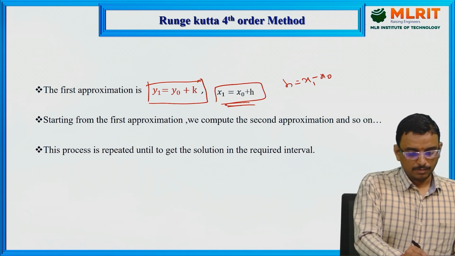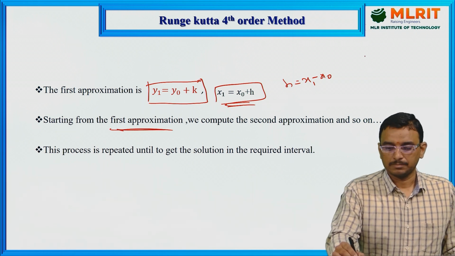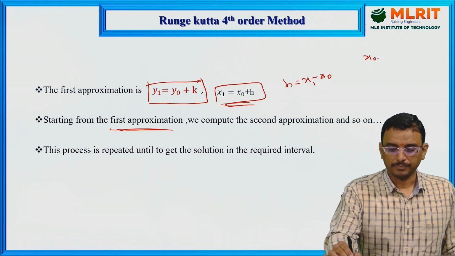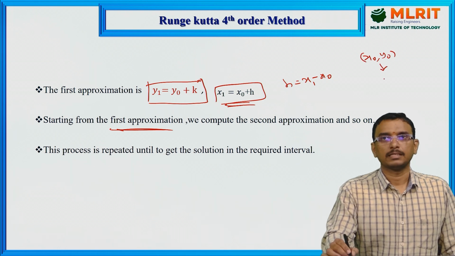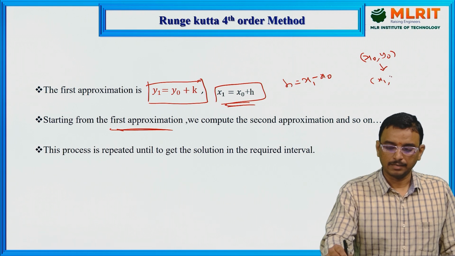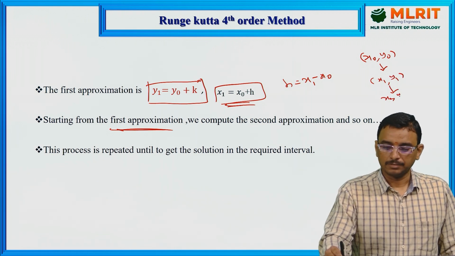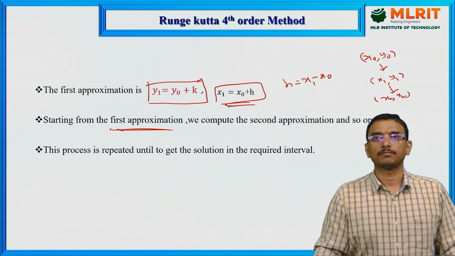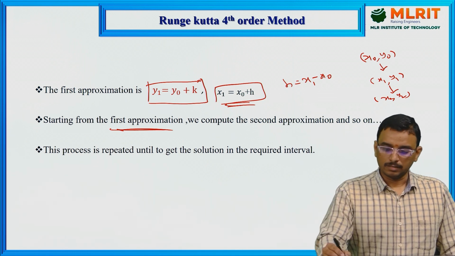Starting from the initial approximation x0 comma y0, we proceed to the next approximation. We will improve the approximation. This is x1 and y1, and the next approximation is x2 and y2. We calculate x0 y0 initially, and next we find x1 y1, and so on.